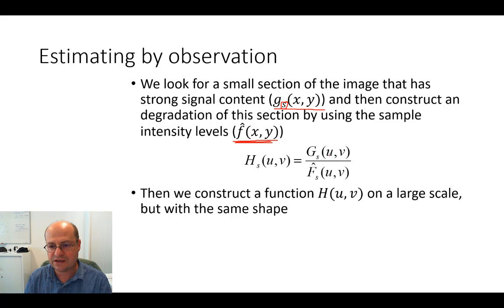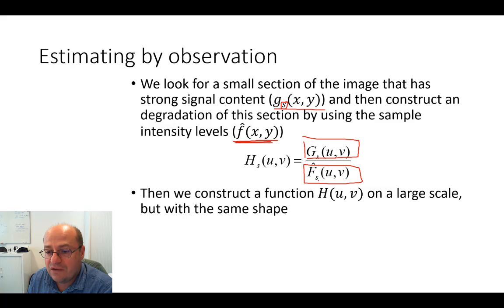You can easily build your Gaussian model and divide it by the portion of the image at that particular section, and then you have your degradation operator.